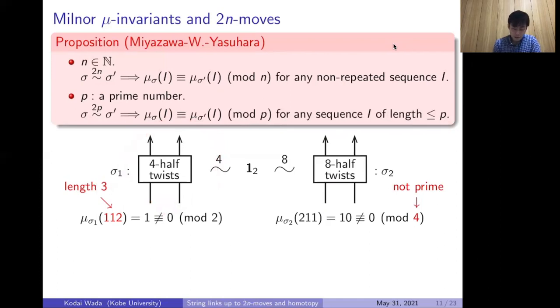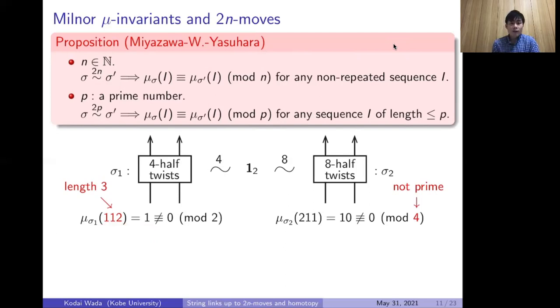This is 4-equivalent to the trivial two-component string link. On the other hand, the mu invariant of sigma 1 for the sequence 1, 1, 2 is equal to 1, which is not congruent to 0 modulo 2.